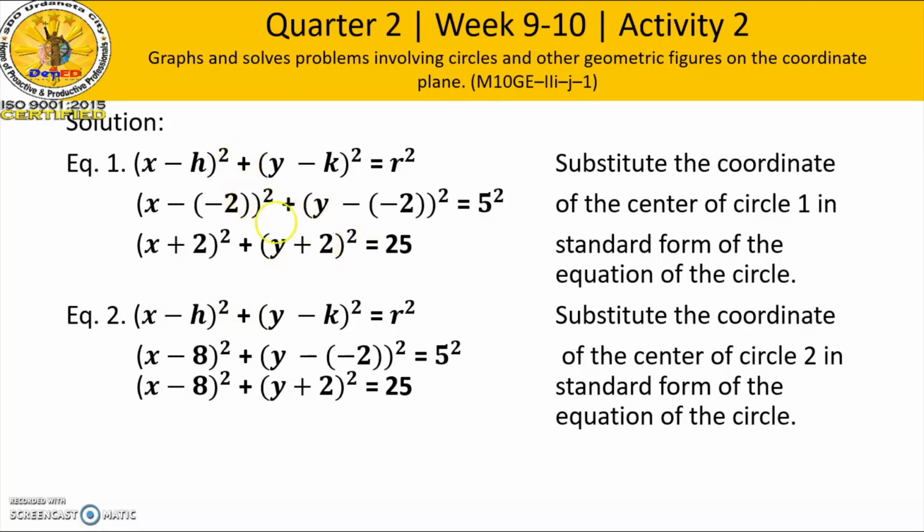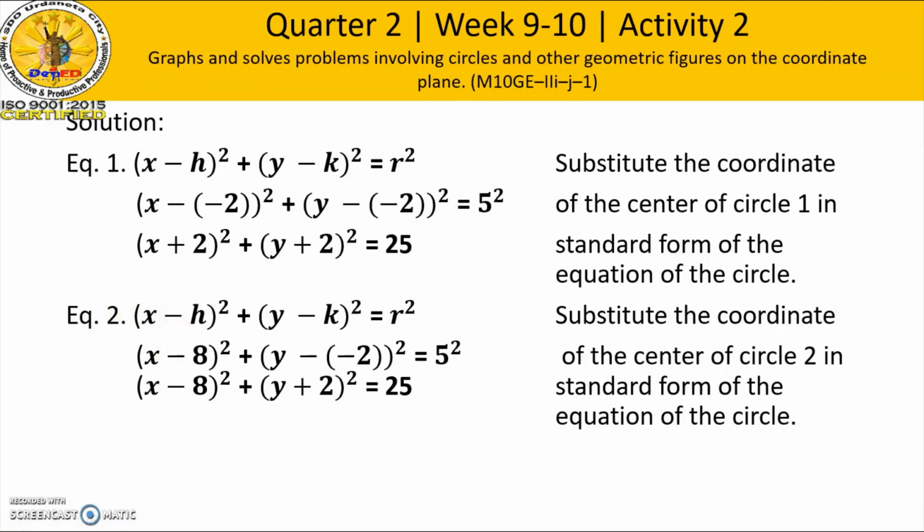Since the center of our circle 1 is at (-2, -2), the value of h is -2 and the value of k is -2. By evaluating the equation, we now have (x + 2)² + (y + 2)² = 25.